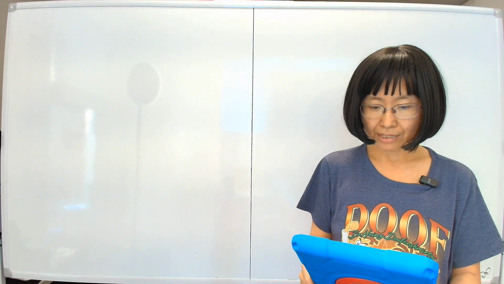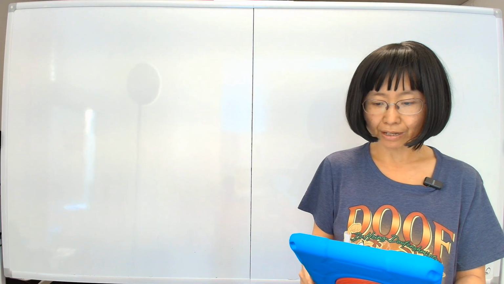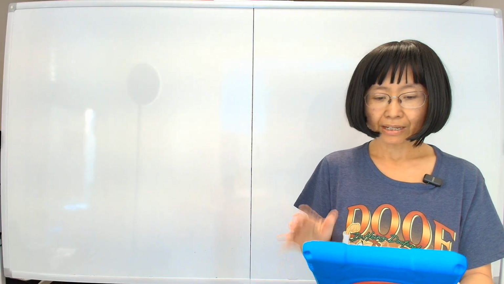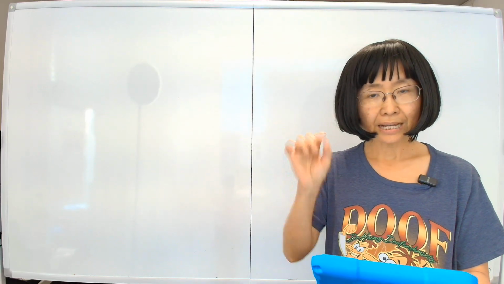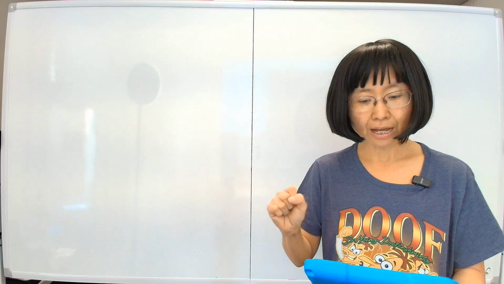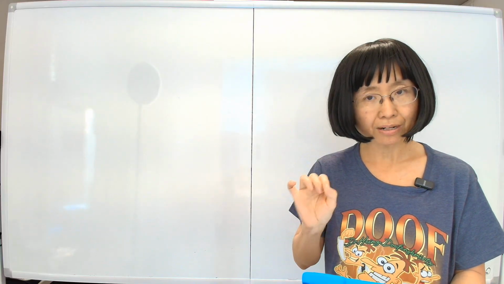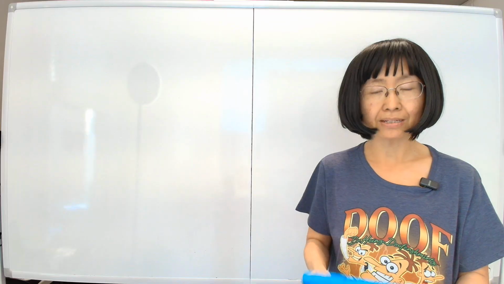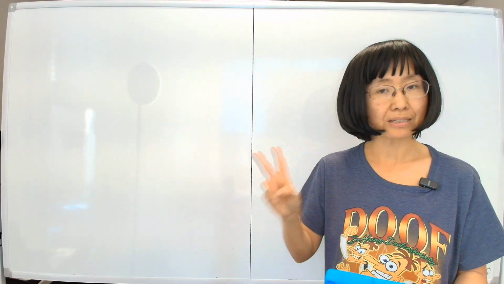And the mistake in here that I found is that it doesn't mention anything about parallel. That is, if they're coplanar, they also have to be not parallel. No two can be parallel if they're to be linearly dependent. If two of them are parallel, then it's not going to work.